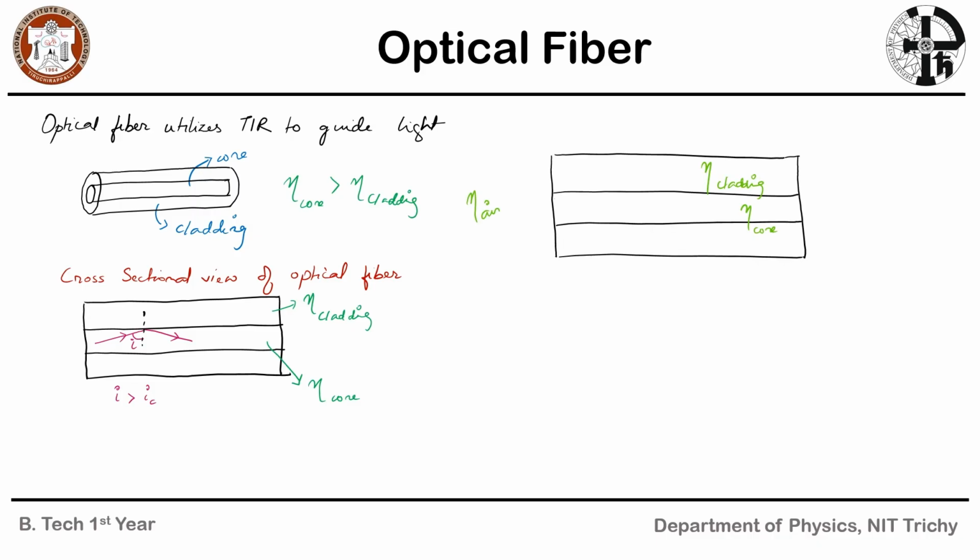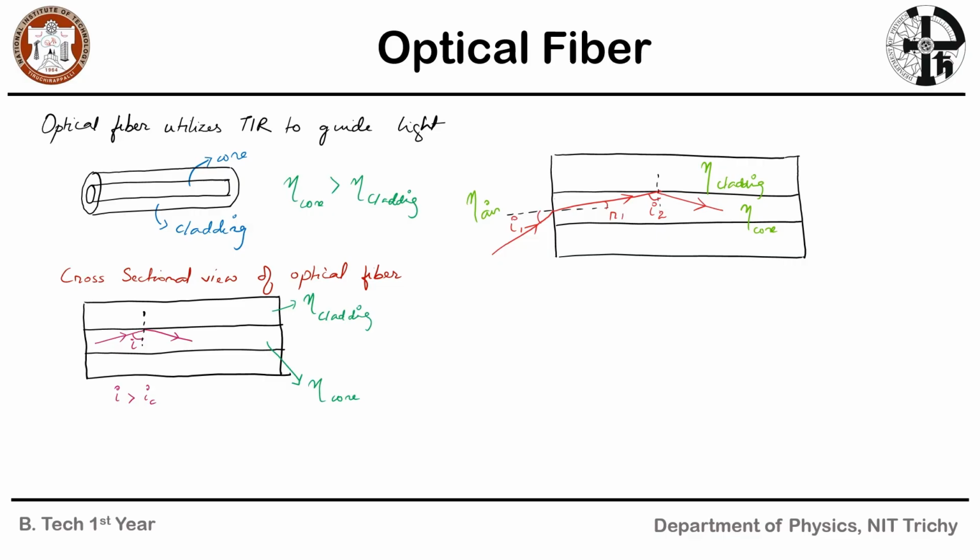When light is incident on an optical fiber, it travels from the air medium to the core medium. Due to the difference in refractive index, refraction will take place. The refracted ray will be the incident ray at the core-cladding interface. And if angle I2 is greater than the critical angle, total internal reflection will take place.